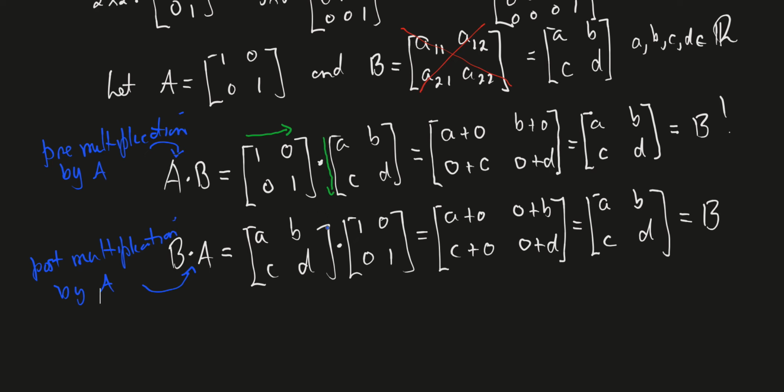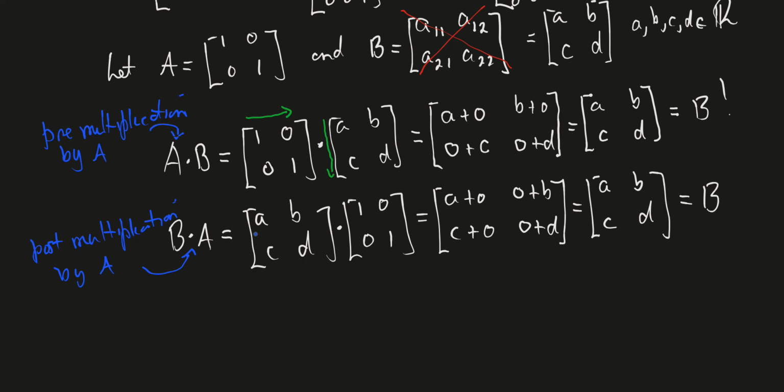And to give you an analogy, here is the analogy in terms of real numbers, right? So in fact, let me do this in a different color. So if x is any real number, we know that if I take 1 times x, I'm going to get back x.